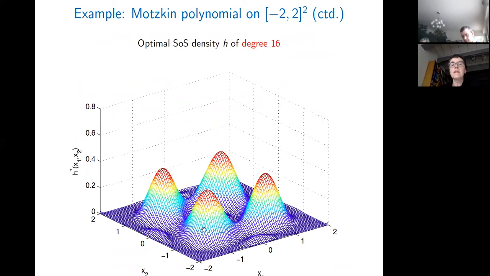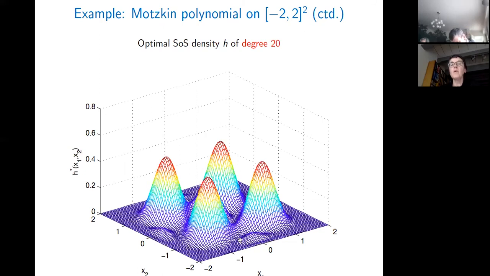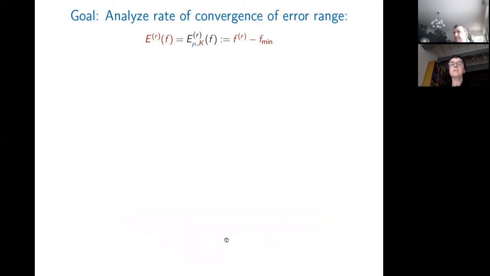We see that the optimal density function behaves like it is approximating a convex combination of Diracs at the 4 global minimizers. And as expected, when the degree grows, the sum of squares becomes more peaky at the 4 global minimizers.